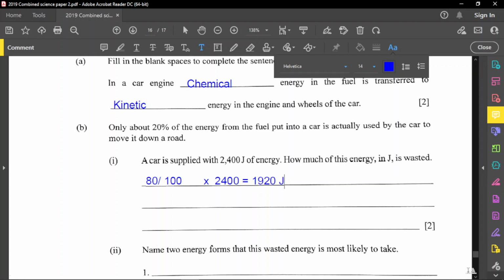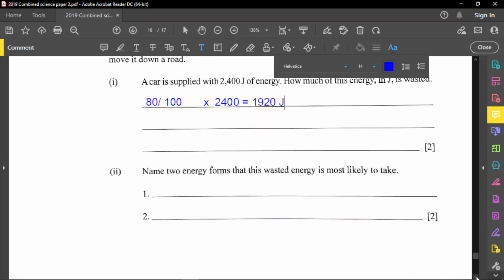Name two forms that this wasted energy is most likely to take. So what are the forms of energy that the wasted energy will be in? Generally, if you think about a car engine, you get heat from that, or what they call thermal energy. So heat or thermal energy. That's the type of energy that will be wasted because the engine will get hot.